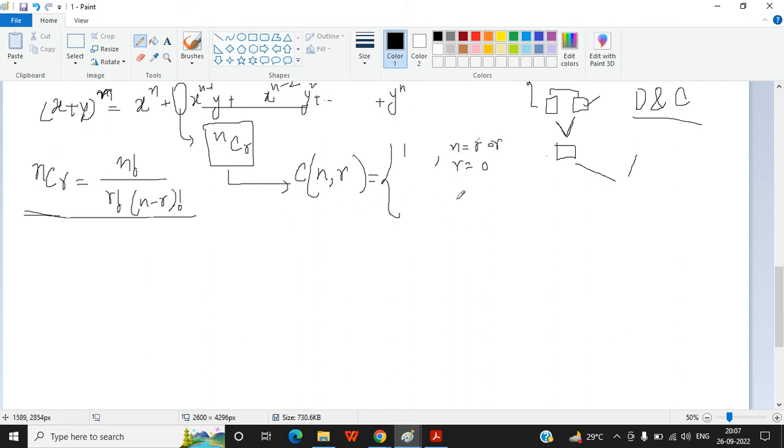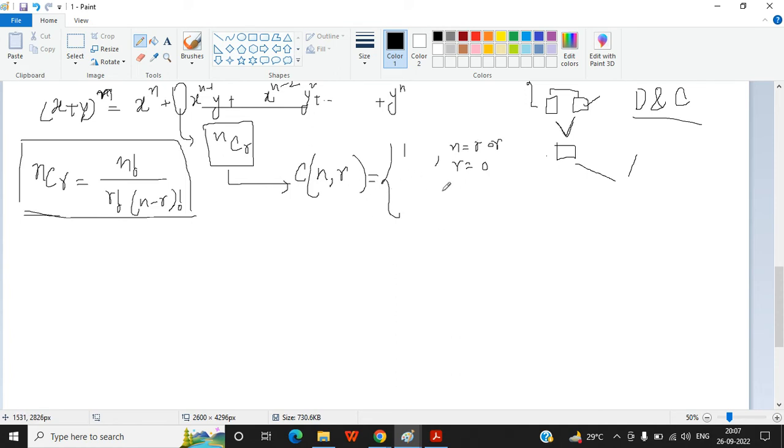Then the value of NCR will be equal to 1. It's very obvious. Say 2C2 is 1, 2C0 is also 1. It's very simple.